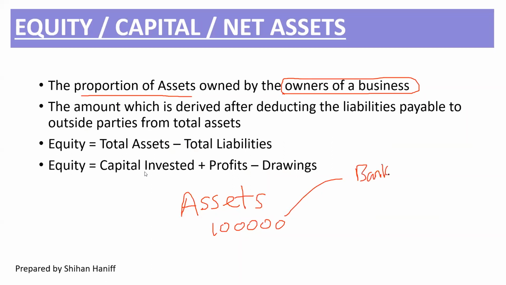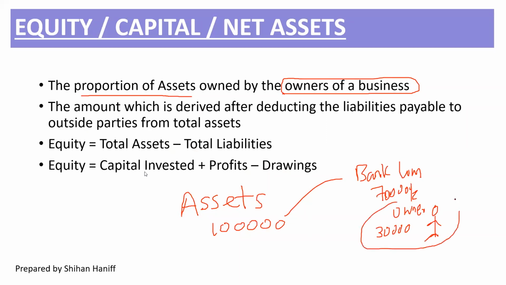Out of this, the bank loan is, let's say, 70,000, and the remaining 30,000 is owned by the owner.